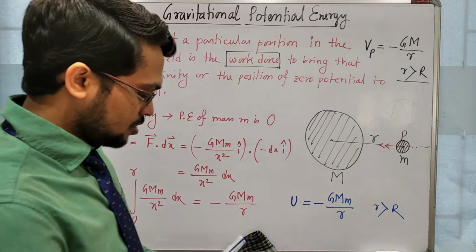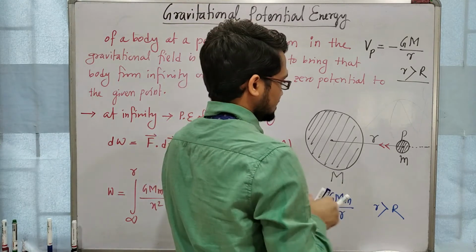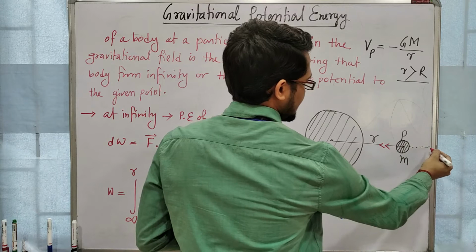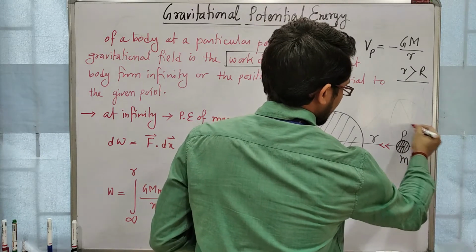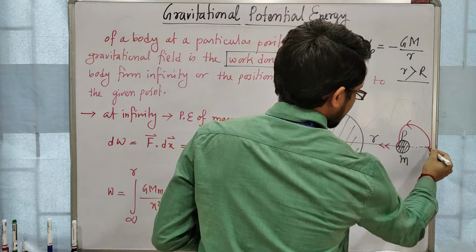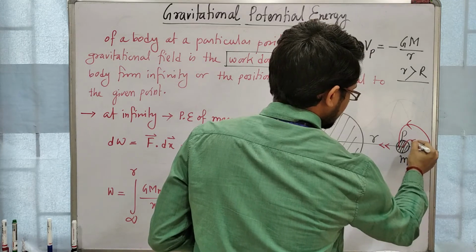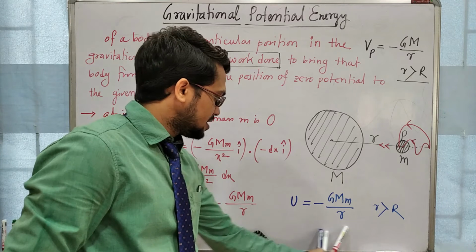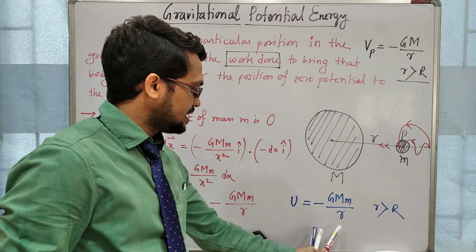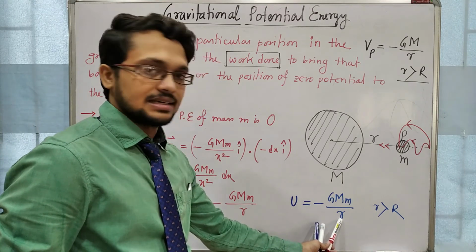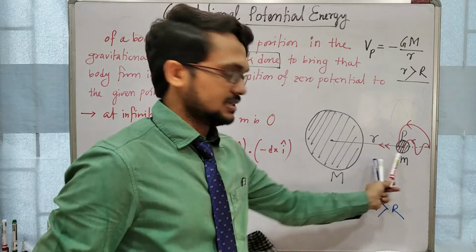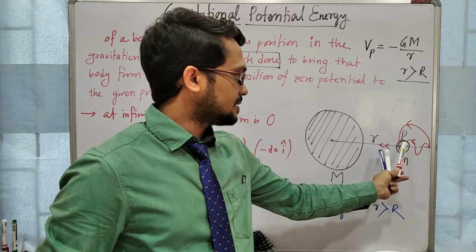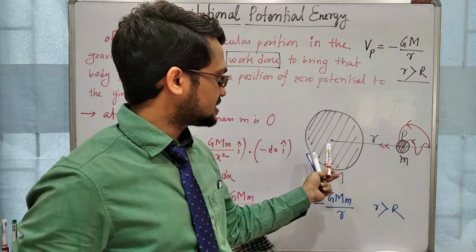We don't know whether the object, this mass small m, has come to this point along a straight line or along a curved line. From this formula we see that it depends only on the center to center distance, that means the final position, the position of the object from the center of mass.